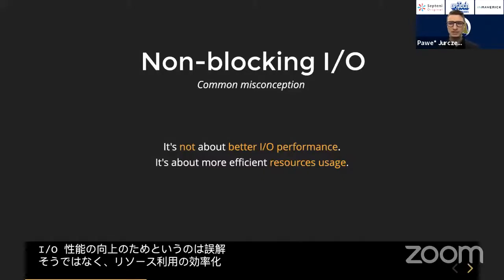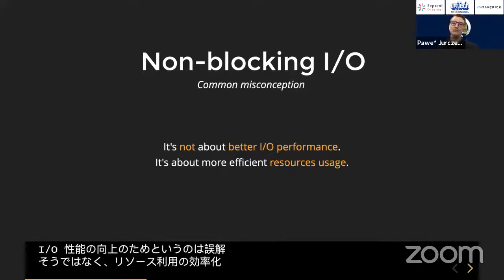The second reason is that at the lowest level, IO operations are asynchronous already, because they are working using CPU interrupts. So what is blocking then? Well, blocking is an abstraction provided at the level of the operating system. This means that non-blocking IO operations are not about better performance of the IO operations themselves.